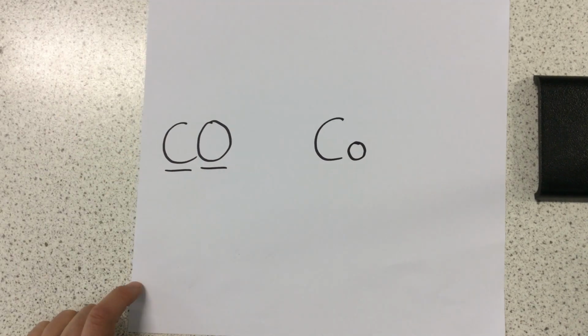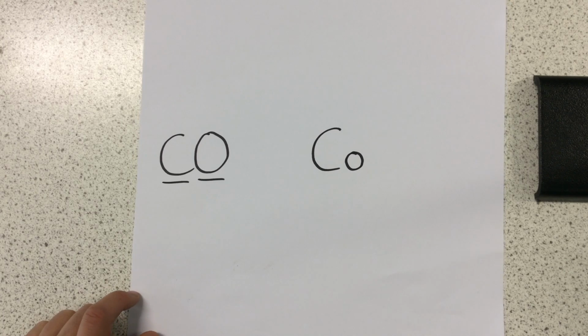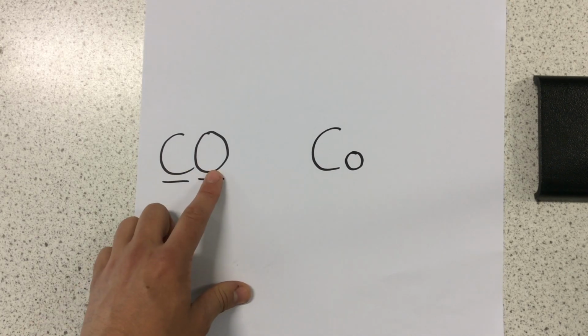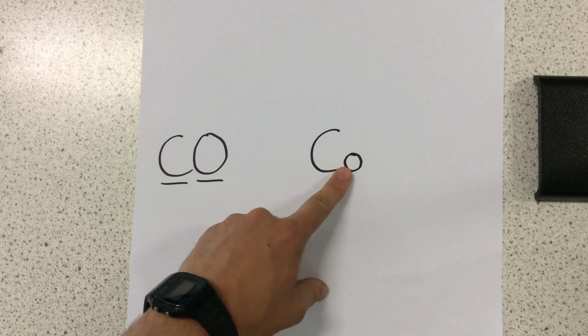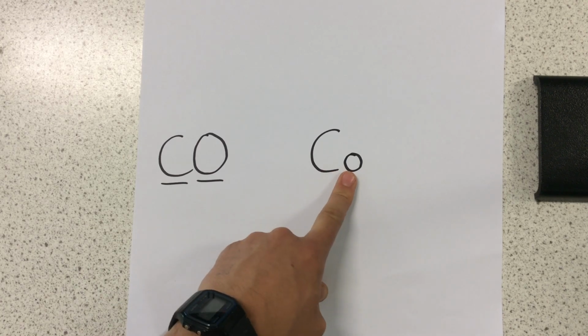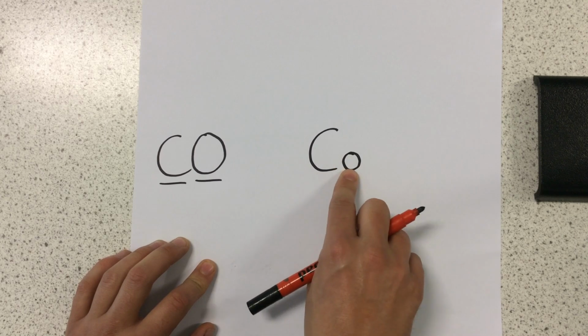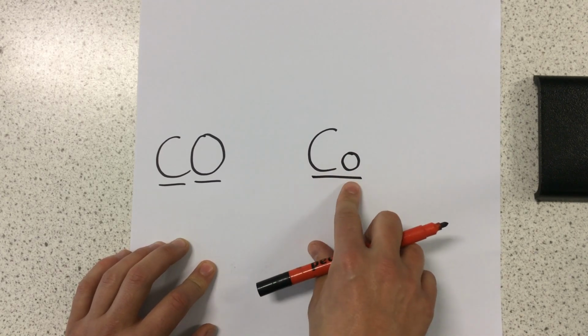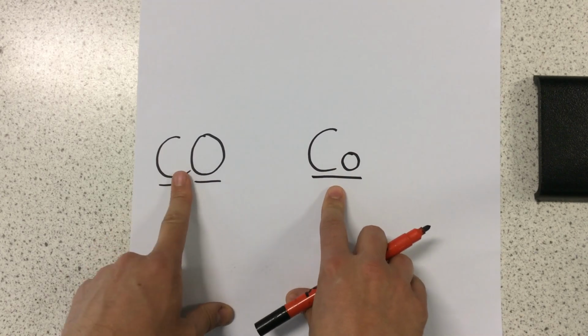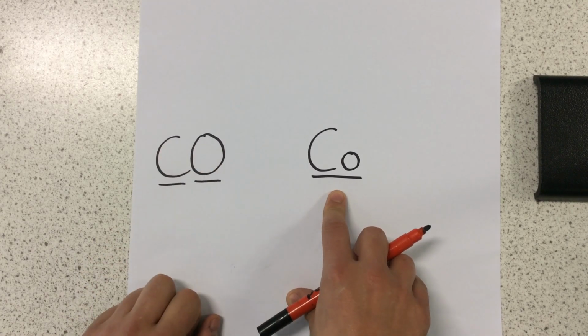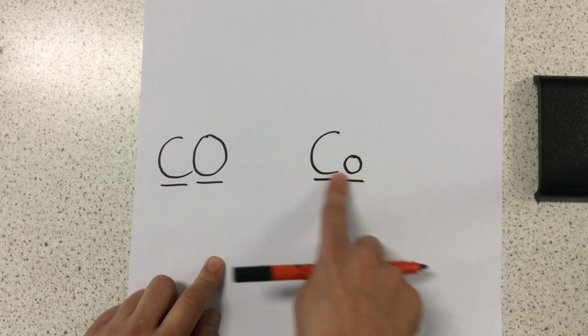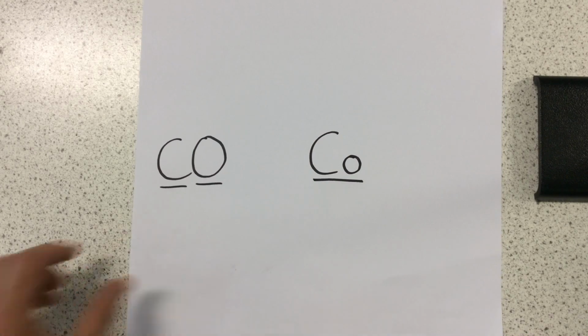However, because there's more elements than there are letters in the alphabet, not every single element can have its own capital letter. So this here, for example, cobalt, has got a lowercase o next to it. Because it's a lowercase o, I know that this belongs to that capital C. So whereas this is carbon and oxygen with 2 capital letters, this is 1 atom of cobalt. So remember that when we're looking at our balancing.